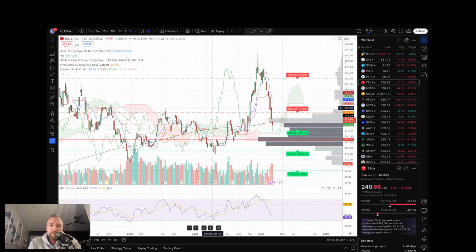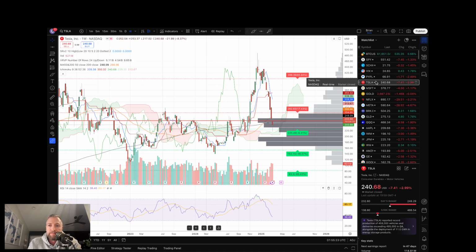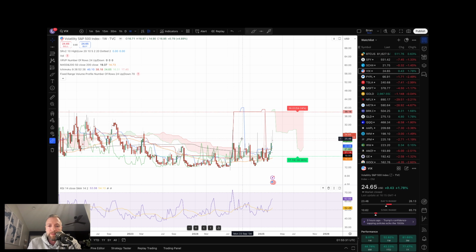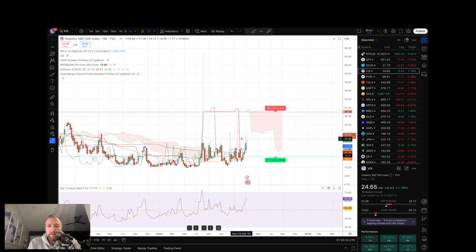And you could use this method for any chart. You could use it for Bitcoin, the SPY, any stock really. I even like to look at the VIX using this as well. VIX pretty much forms the opposite of the stock market. When the VIX goes up, most of the stocks will drop.